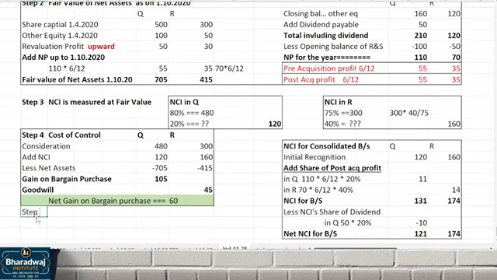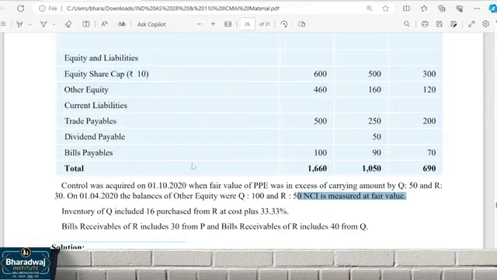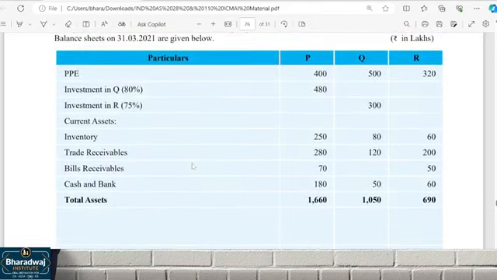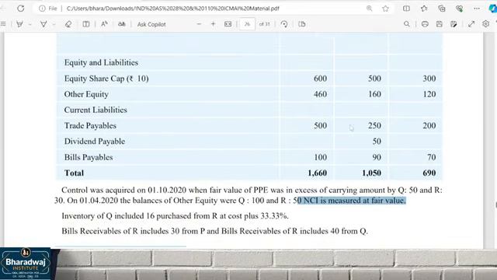Next, step number 7 or 6 or whatever, reserves and surplus for consolidated balance sheet. What are the reserves and surplus of P? What are the reserves and surplus of P given? They have given it like a balance sheet. What are the reserves? 4.